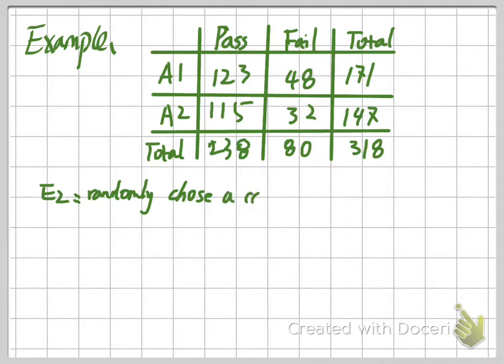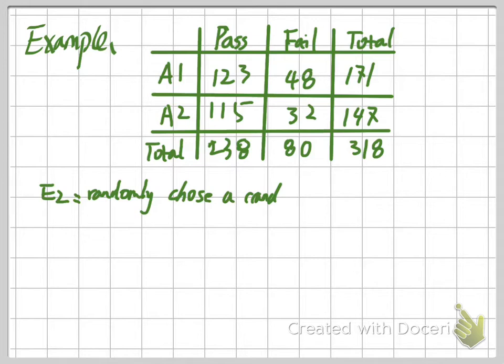In this table, if we look at the first number, 123, this means there are 123 candidates who passed the A1 exam. The second number, 48, means that 48 candidates failed this exam.